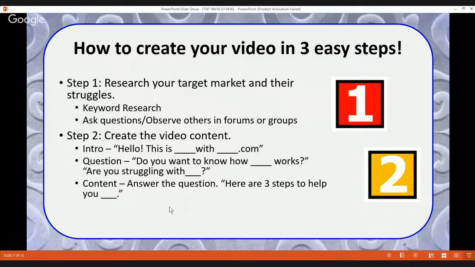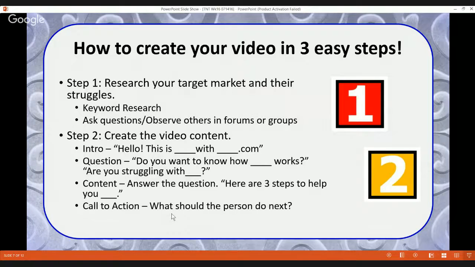Are you struggling with lead generation? Here are 7 different strategies for you to use that are absolutely free, that will generate 60 leads in 30 days if you put them to work the right way. So you just deliver your content. You tell them what they need to know.